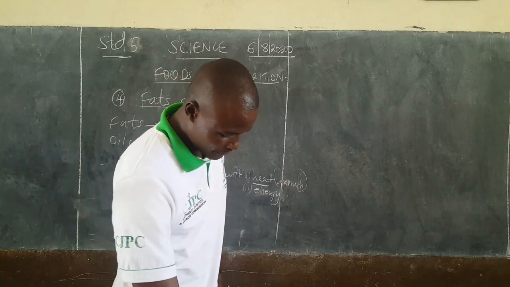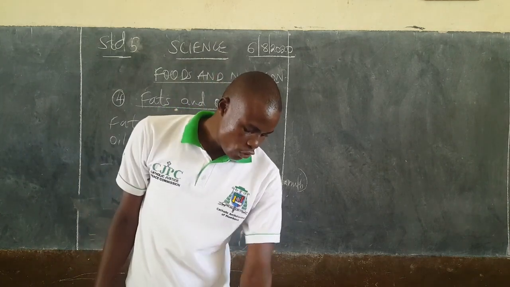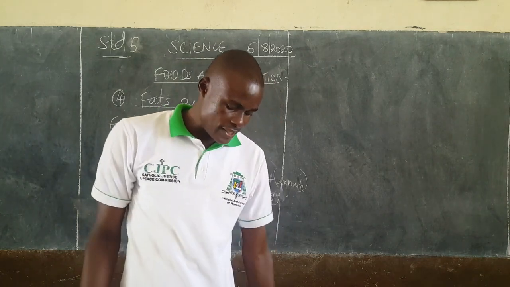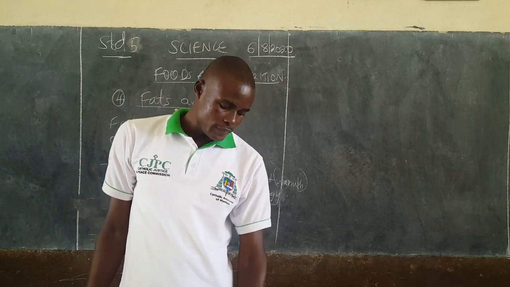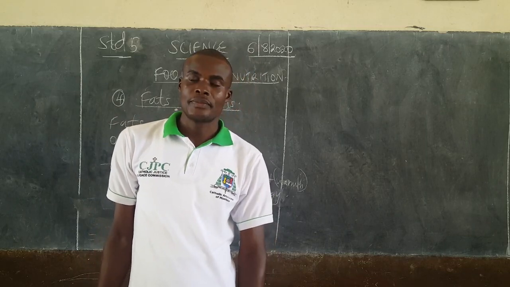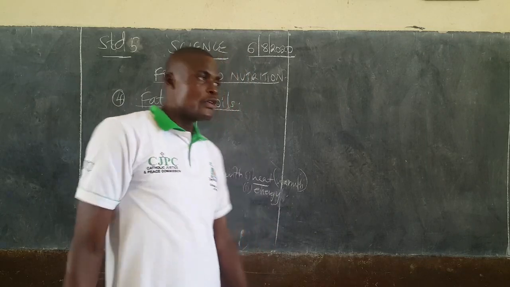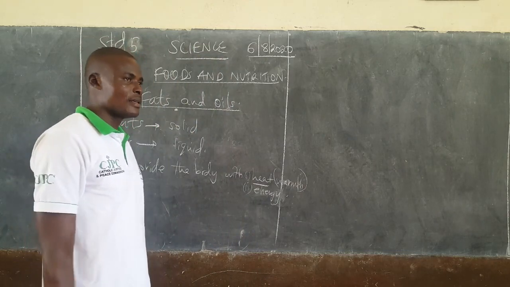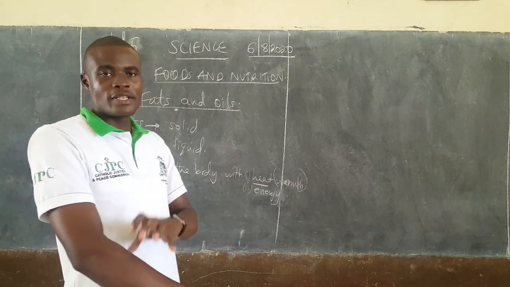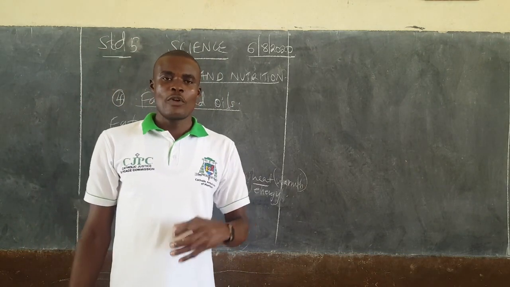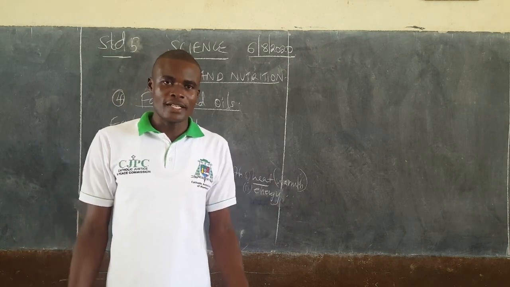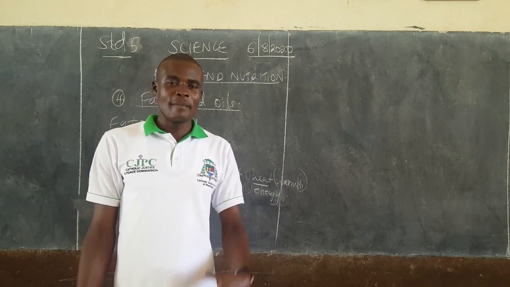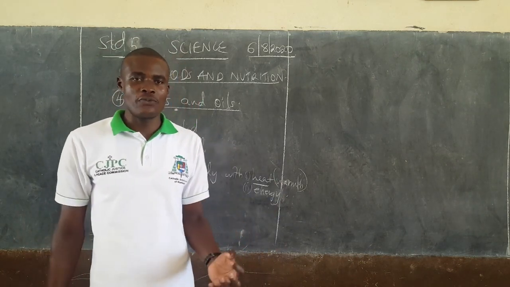And then again, fats and oils are stored in our bodies, especially under the skin, for use at a later time. Your body may have fats. You normally see that those who are fat in nature, the major percentage of their flesh is fats.